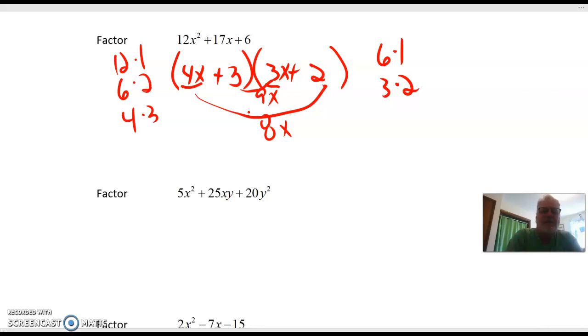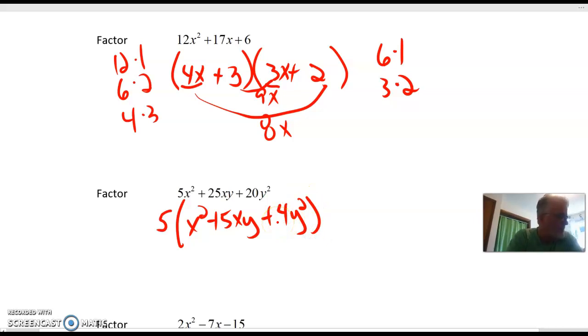Down here, I'm going to factor out a 5, and that's going to leave me with x squared plus 5xy plus 4y squared. Let's just turn this into one of those problems where the rule does work. Any factors of 4 that add up to be 5? Well, that would be 4 and 1.